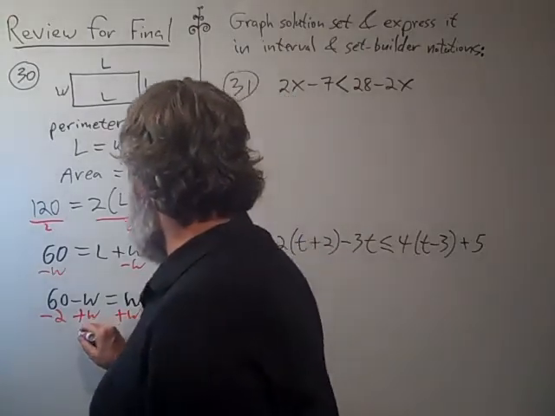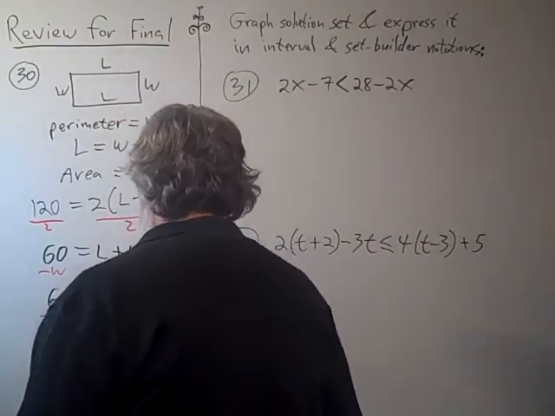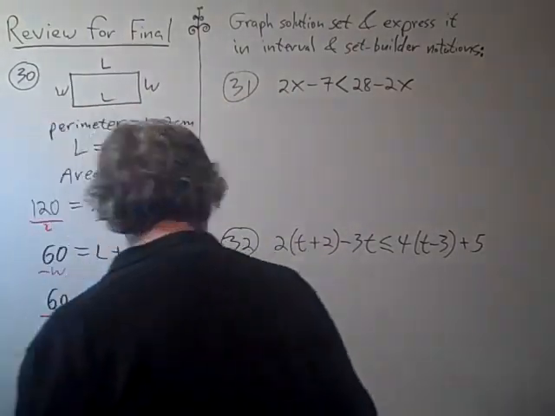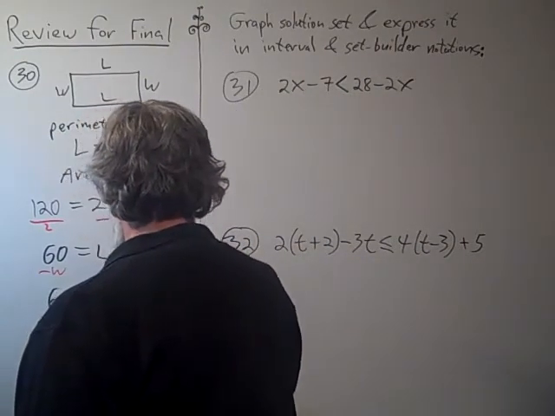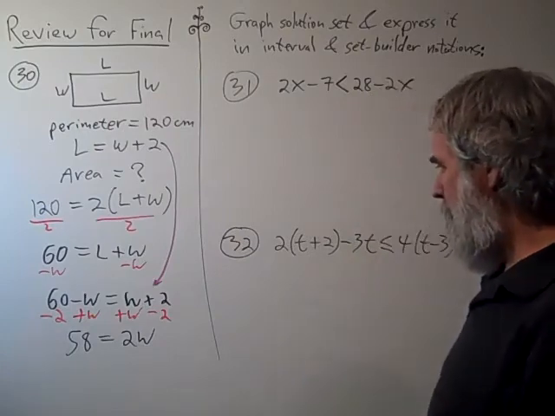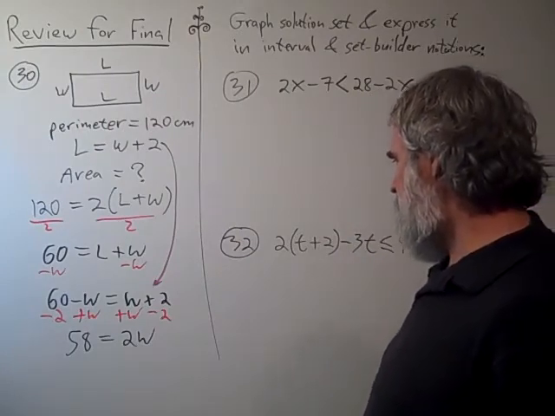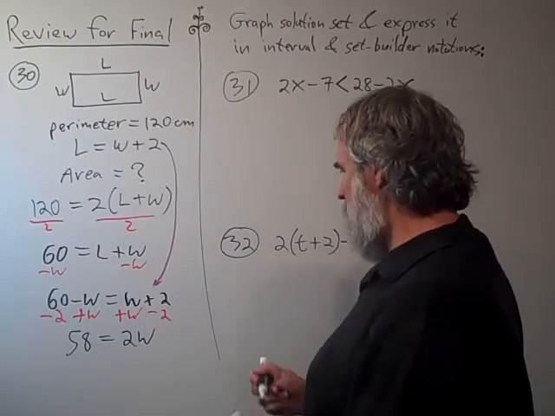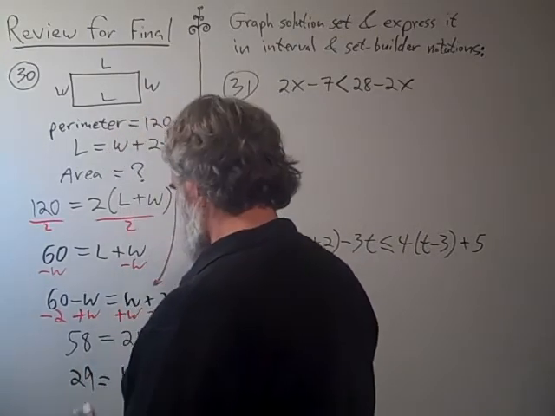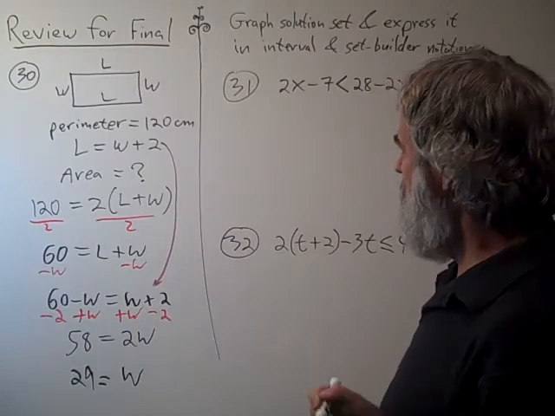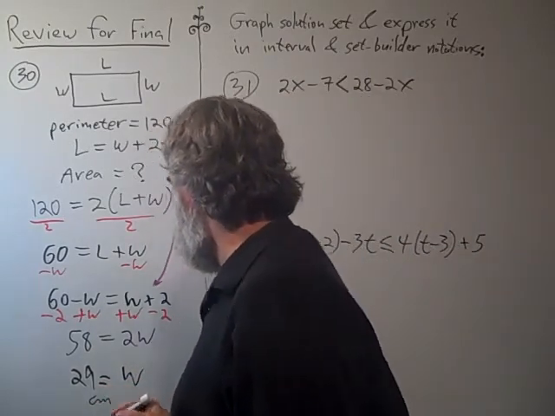If I add W to both sides and subtract 2 from both sides, I get that 58 is equal to 2W. And dividing by 2 on both sides, we get that W equals 29, and that's centimeters.